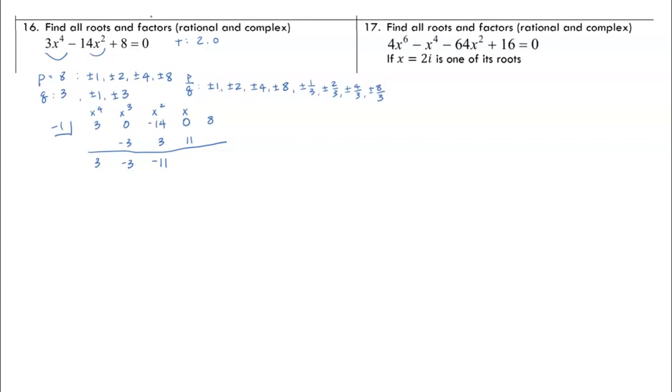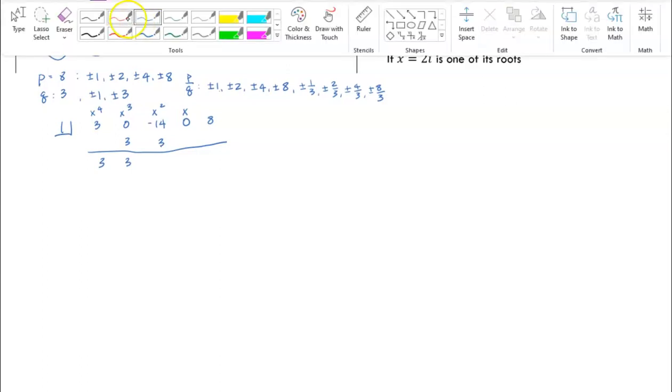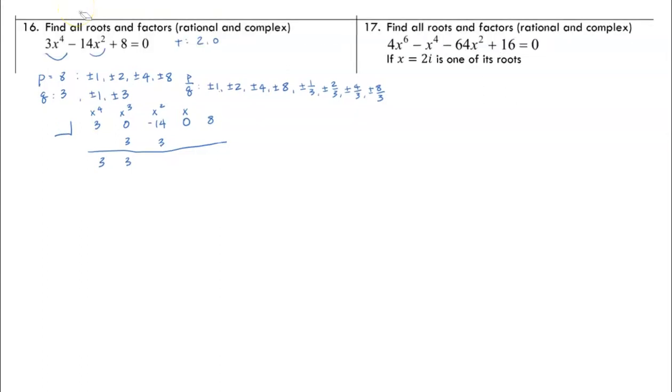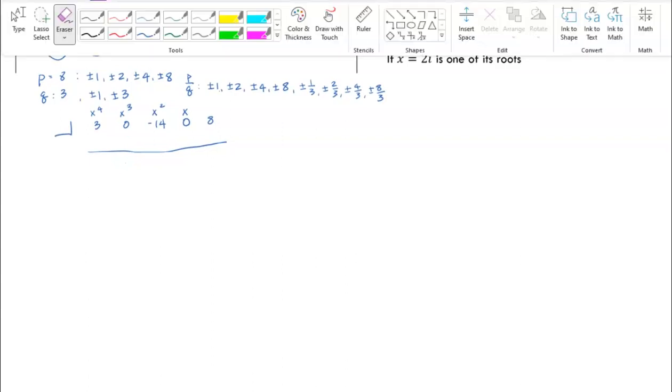Did I do the 1 wrong? I'm sorry, guys. Let's try 1 again. 3, 3, 3, 3. No? I think negative 1, and I think it was negative 3 and then negative 14.